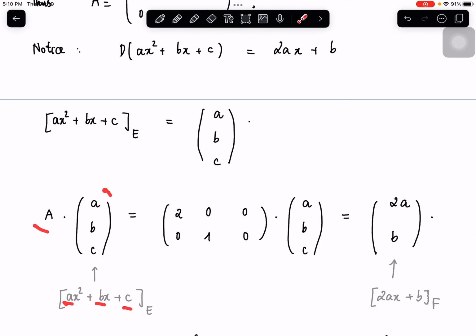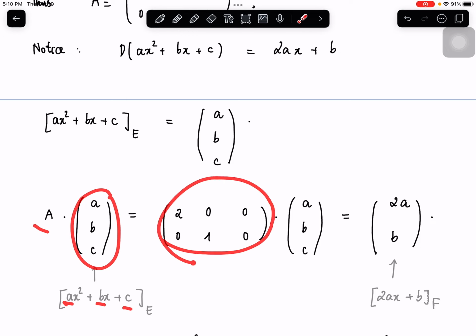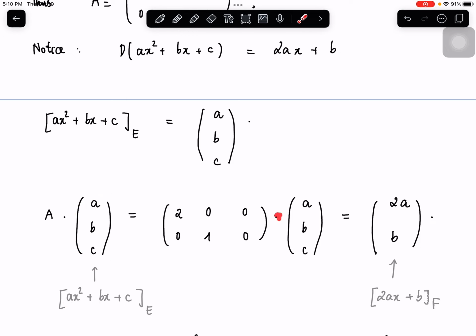So the matrix A times this coordinate vector gives us the coordinate of the derivative: 2ax plus b times 1, that is, 2ax plus b.